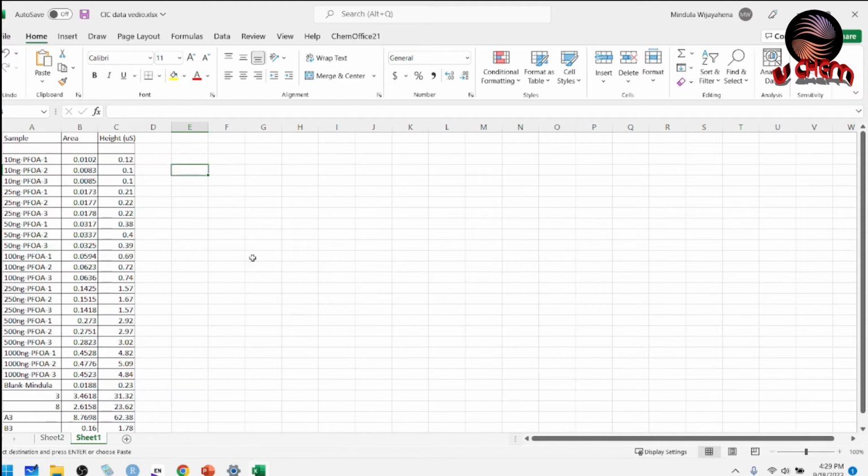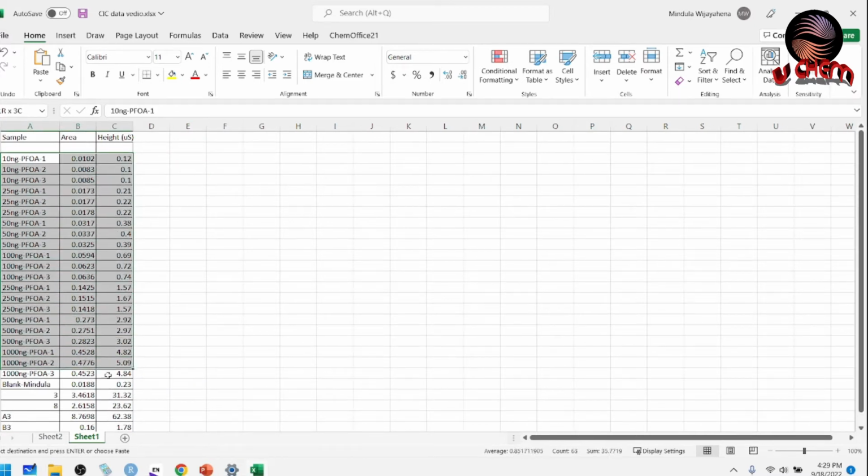Here I have used CIC, combustion ion chromatography. These are the samples I gave to the instrument to give me signals. Then we can get the calibration curve.